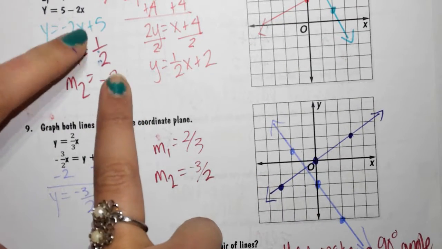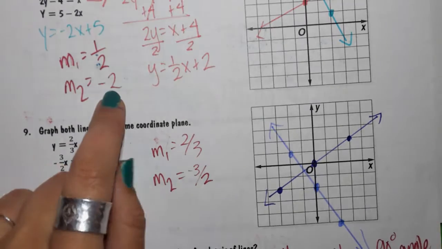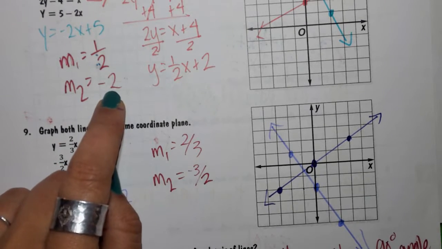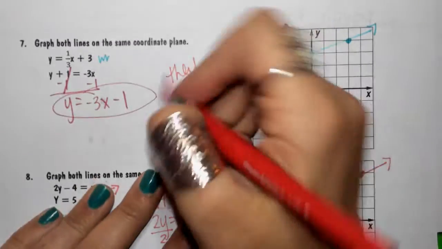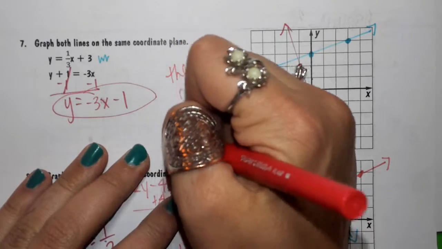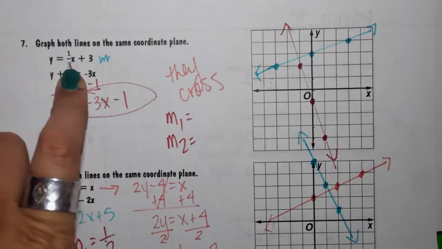And if I flipped 1/2 over, would we still get 2? Yes. Because what are all whole numbers hanging out with? An invisible 1. Now let's see if that's true for this one up here. So M1, M2. Tell me what my slope is of my first equation.